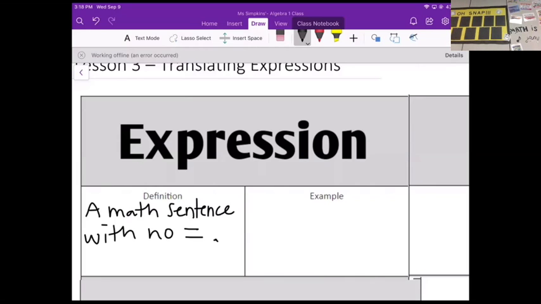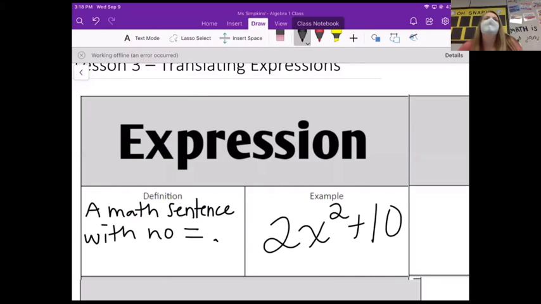So an example could literally be any combination of numbers, operations, variables, exponents, as long as it doesn't have an equal sign. So my example is just going to be 2x squared plus 10. That is just one example of an expression. There's an infinite number that I could share with you. That is just the one I'm choosing to share.